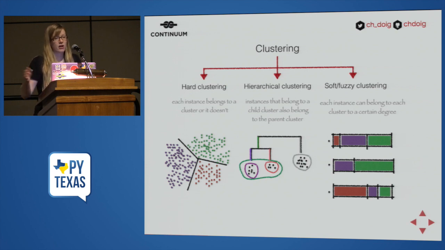We also have hierarchical clustering, where you build a hierarchy of clusters, with subclusters in your clusters, and get child and parent relationships. And topic modeling is actually this third one, soft or fuzzy clustering, where each instance can belong to a certain degree to one of the clusters. That degree can be thought of as a percentage or a probability.